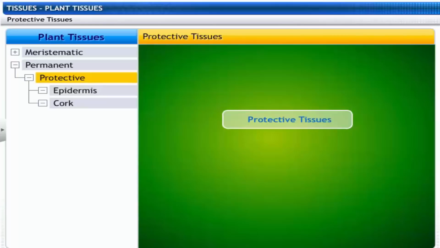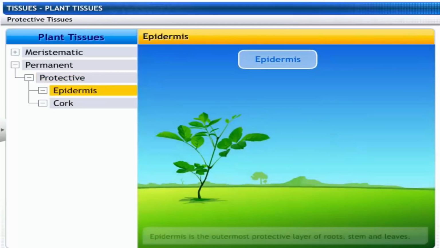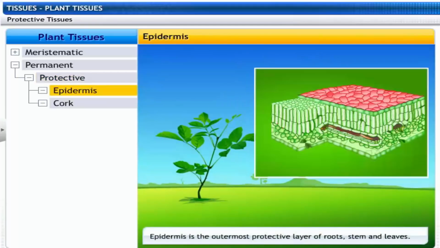Another type of tissue that is very important for plants is the protective tissue. They protect plants from the surroundings. Protective tissues include epidermis and cork. Epidermis is the outermost protective layer of roots, stems and leaves.